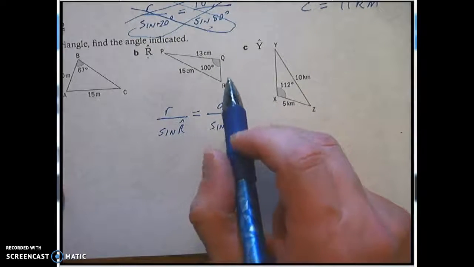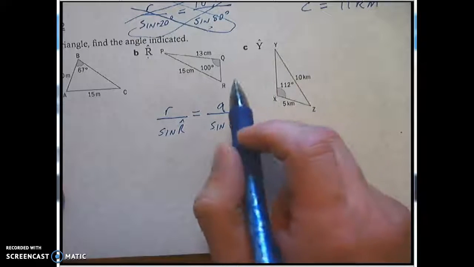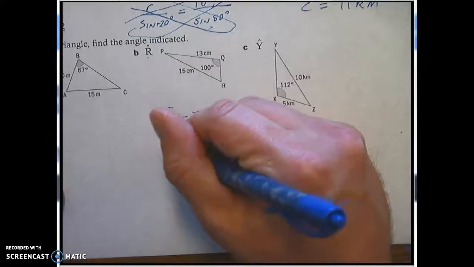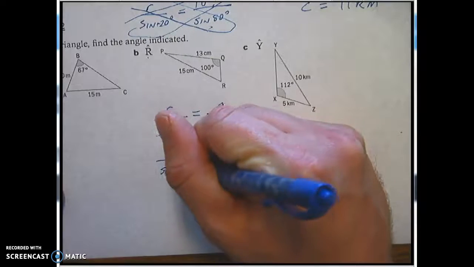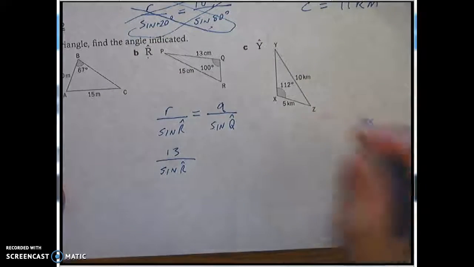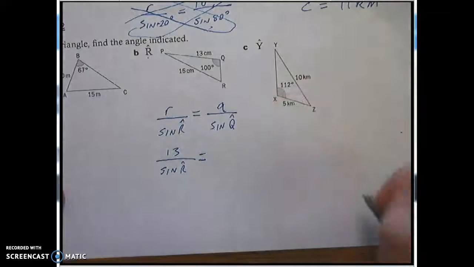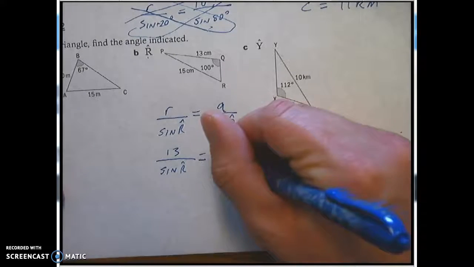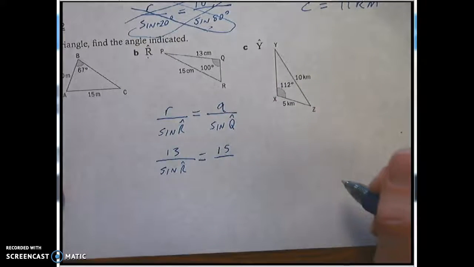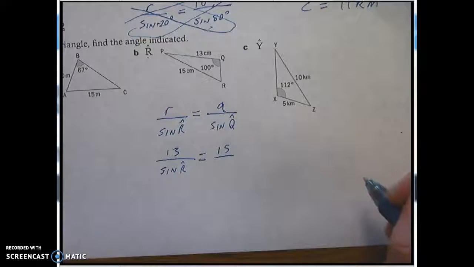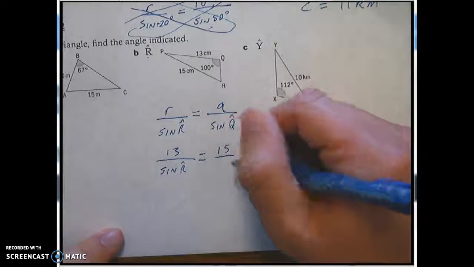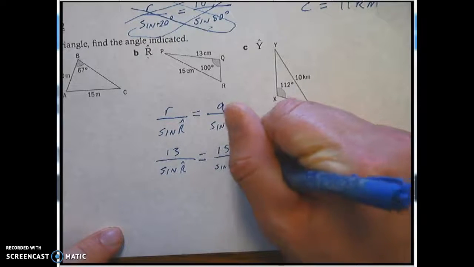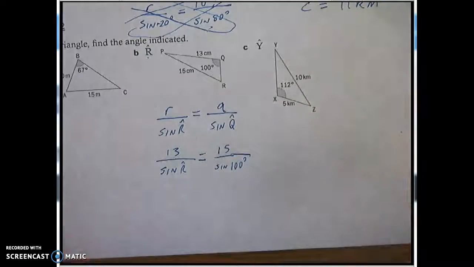This time we know side r, it's 13, over sine of what we're looking for, equals lowercase q, which is 15, over sine of 100 degrees. So we're going to cross multiply this again.